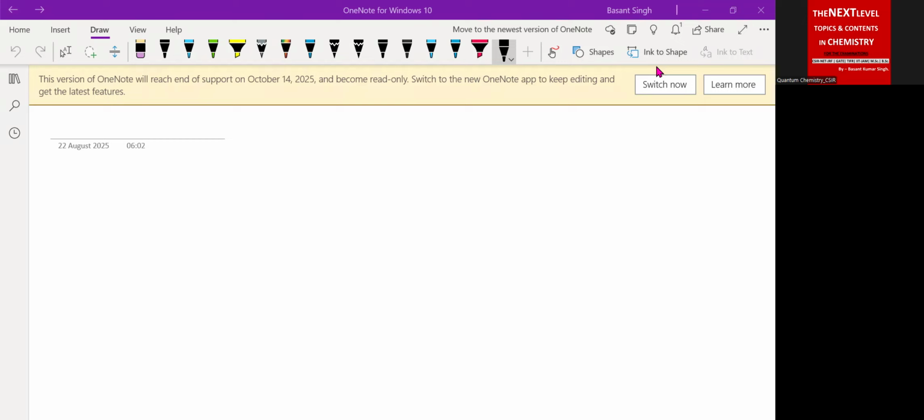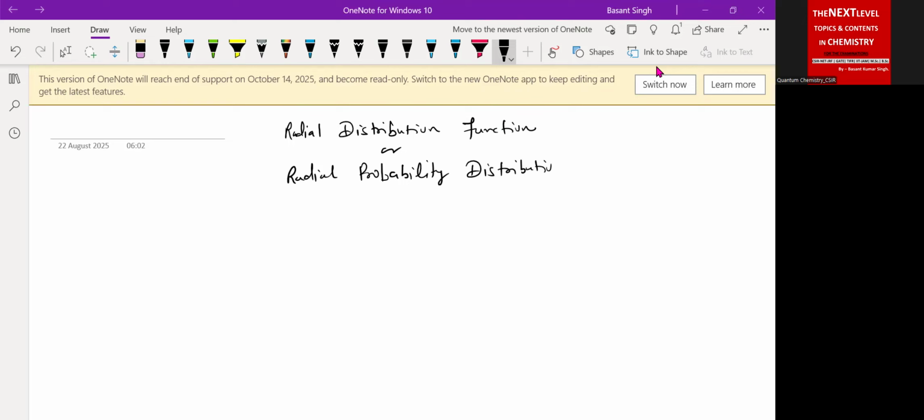That is, we want to know the radial distribution function, or this is called the radial probability distribution function, or this is also called the radial probability density distribution function.